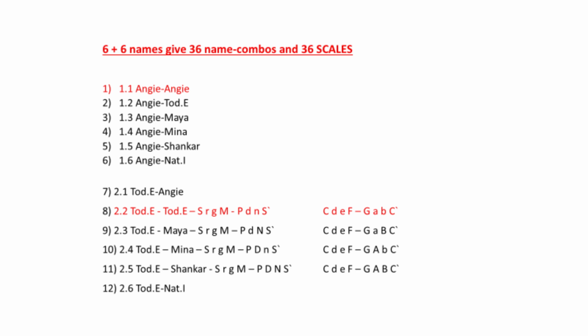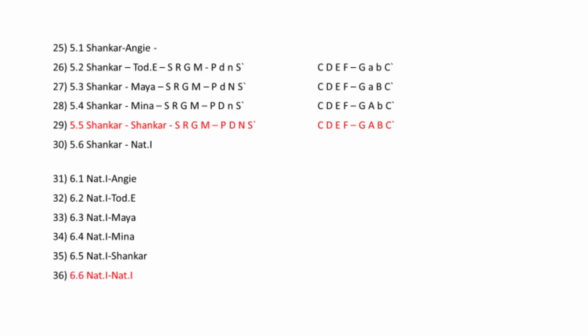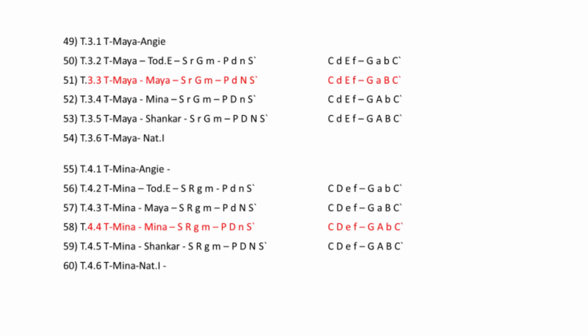And these 72 scales comprise all the parent ragas or heptatonic scales in Carnatic music. I have given a PDF file of these 72 heptatonic scales and their notations in the description. However, I have not given the notation for any name that has Angie or Nati. We shall fill in those blanks later on in chapter 3, as I said.